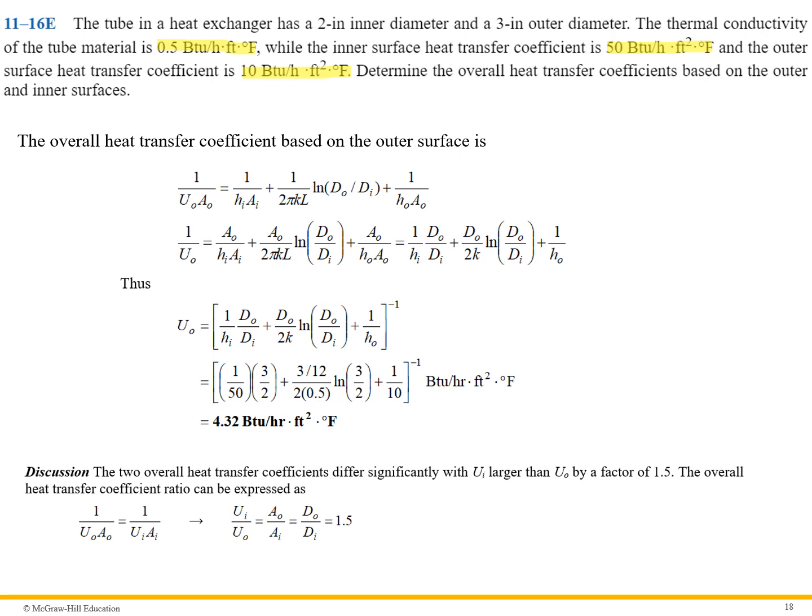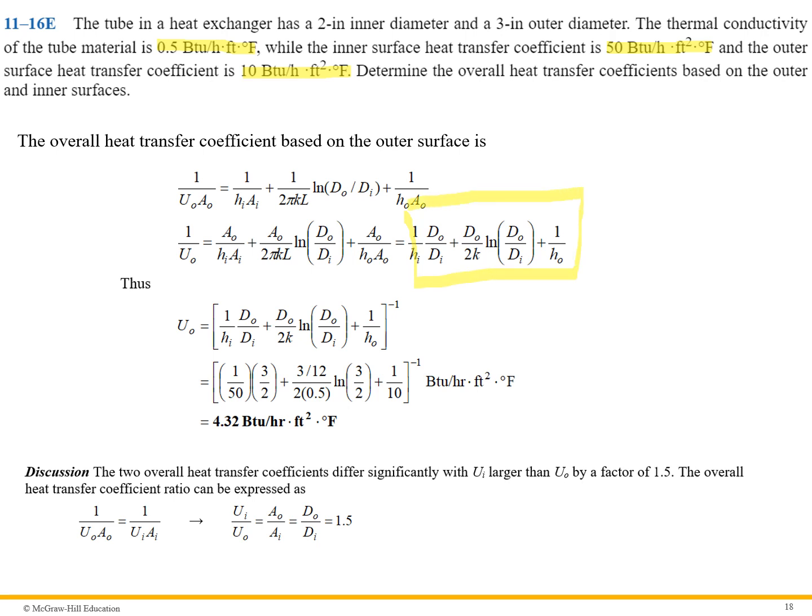So here we can use the equation in the book that we developed, shown here. What we want to determine for the outer surface is Uo. So we can simply multiply through by Ao and determine our equation here.